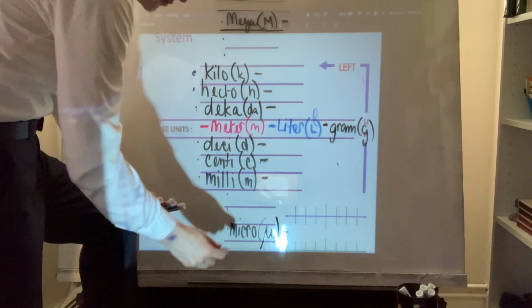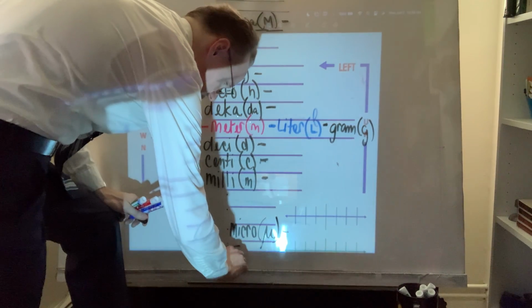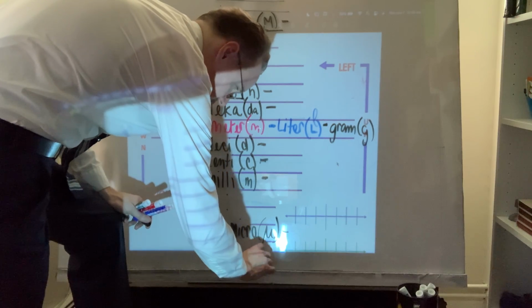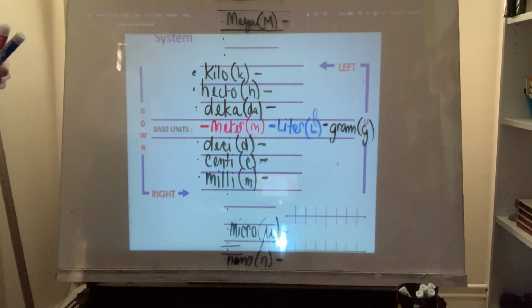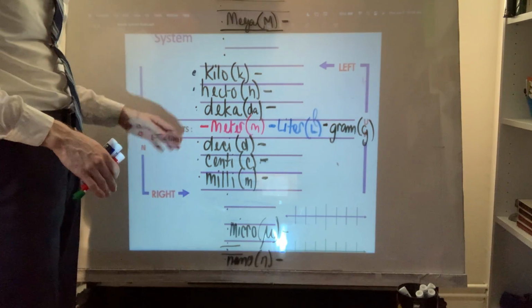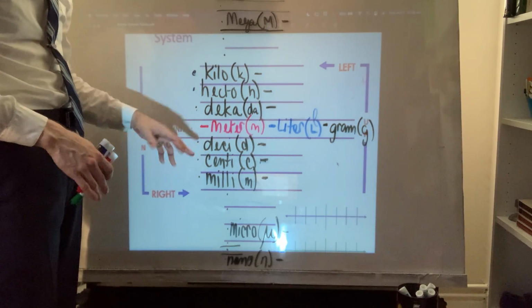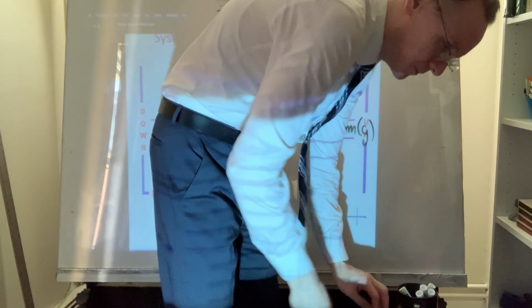Right. Another 3 down would be nano, which is lowercase n. Right. Anyhow, this is a good exercise, I believe, as a teacher, because getting your students to write something will help them assimilate. They'll remember more, likely.